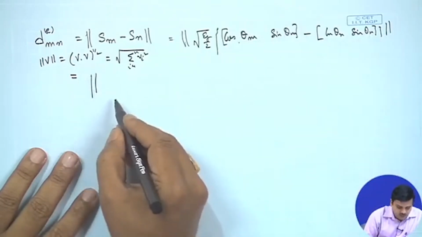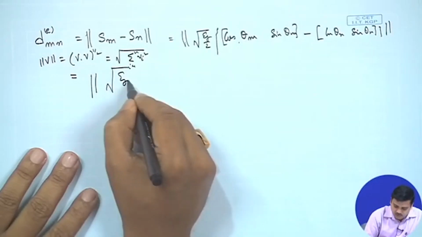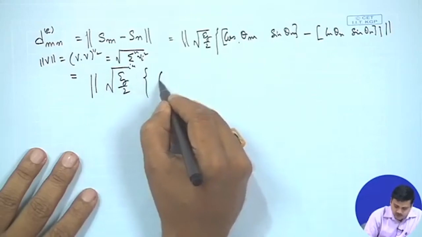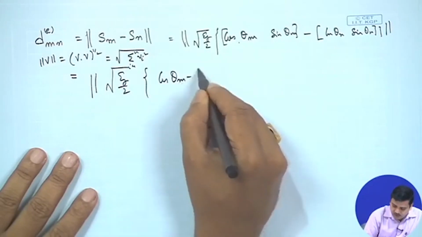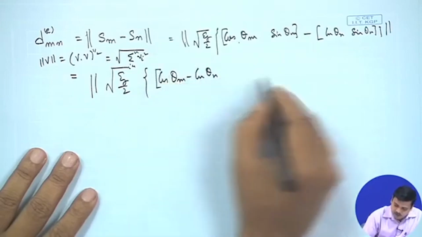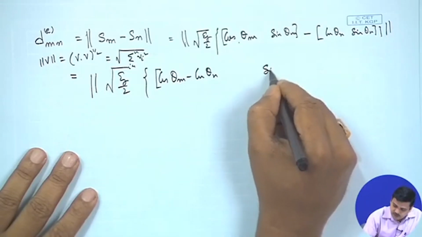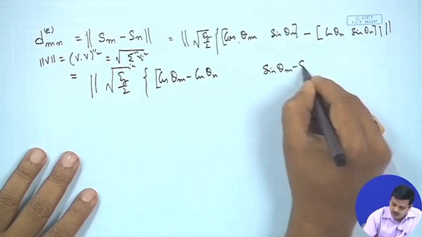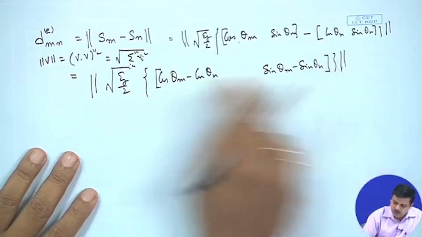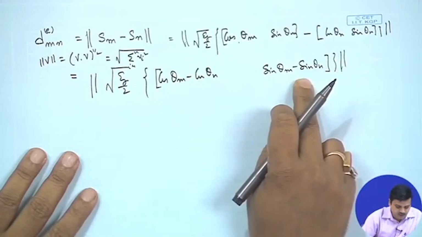So, we still have to calculate the norm of root E_g by 2 times the vector whose first component is cos theta m minus cos theta n, and the second component is sin theta m minus sin theta n.